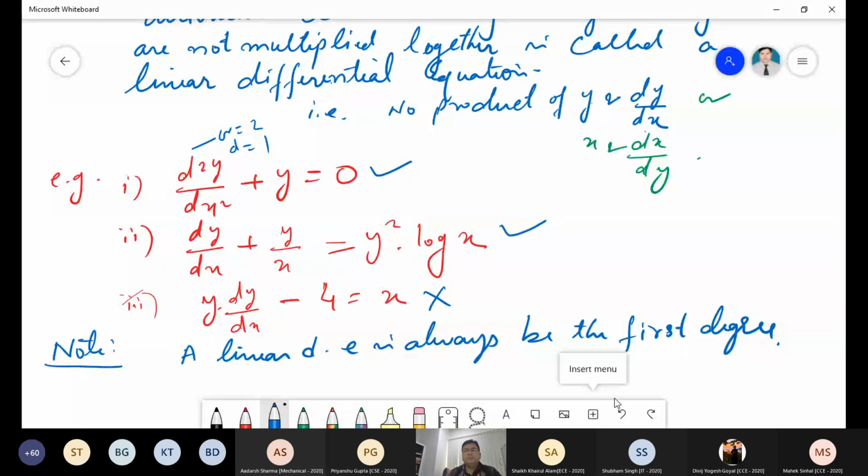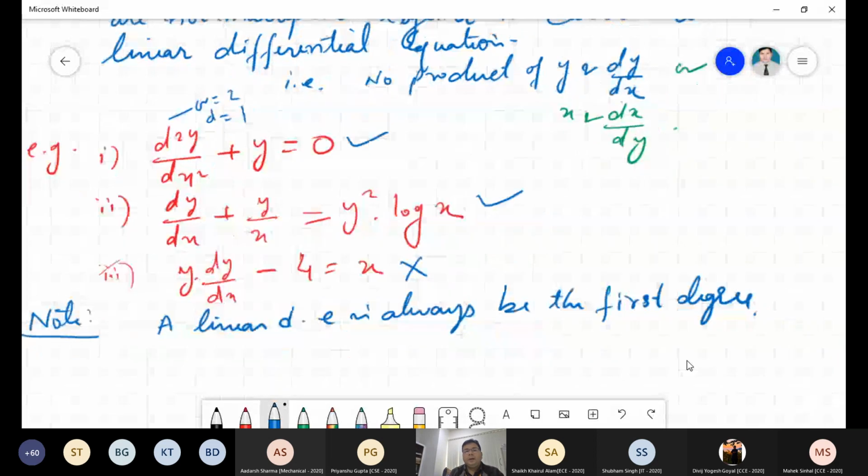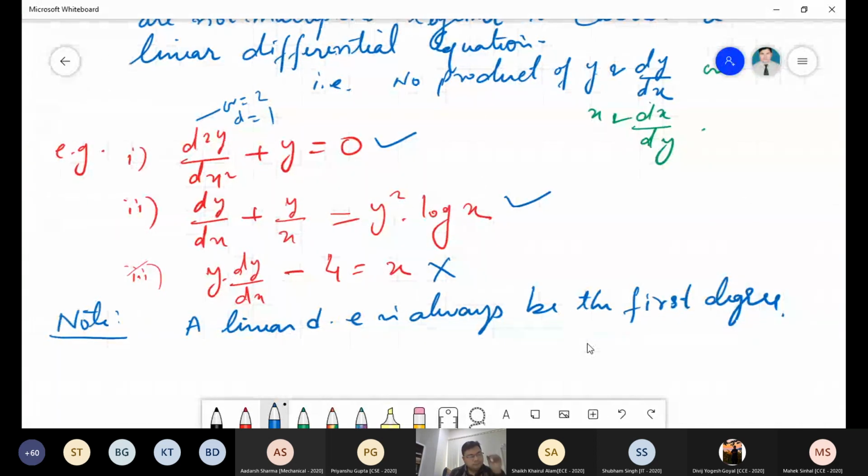Right now, anyone has a doubt in the linear differential equation? And the first one is also called a higher order linear differential equation, right?